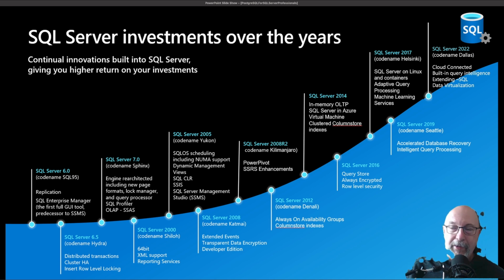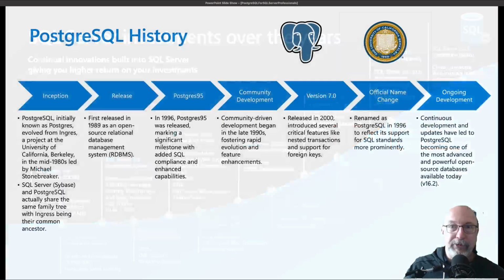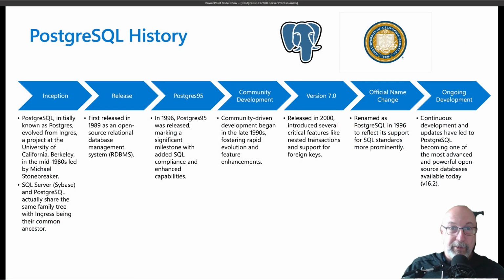With new capabilities like, for example, accelerated database recovery, which is turned on by default on Azure SQL Database in the cloud, and other cloud-connected capabilities. And so these were the evolutions of SQL Server over the last 30 years, I should say.